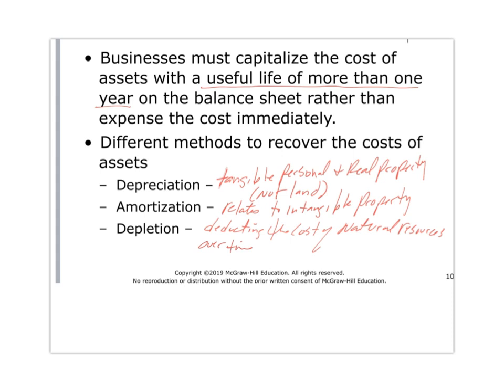Okay, so all three of these things, depreciation, amortization, and depletion, are methods of cost recovery, but they relate to different types of assets, and so it's important to keep those different types of assets straight.